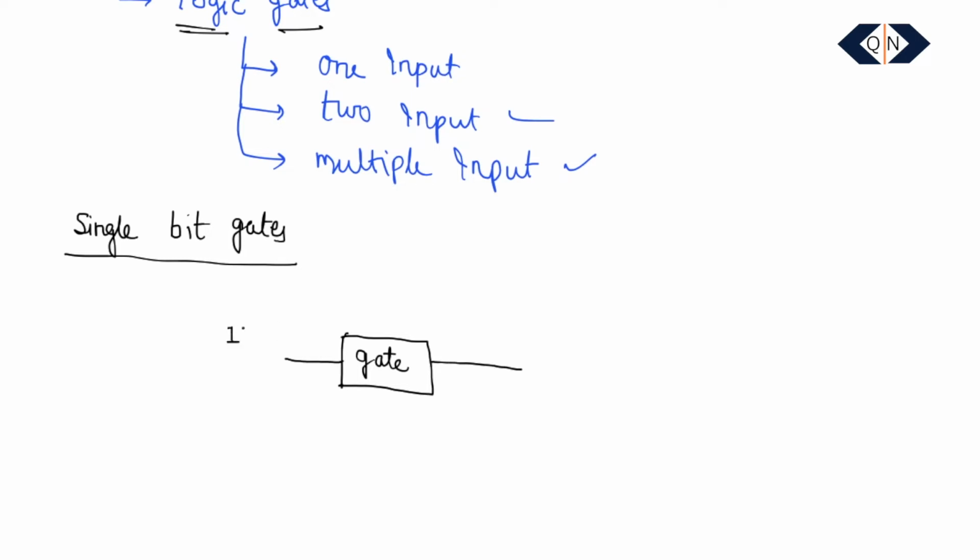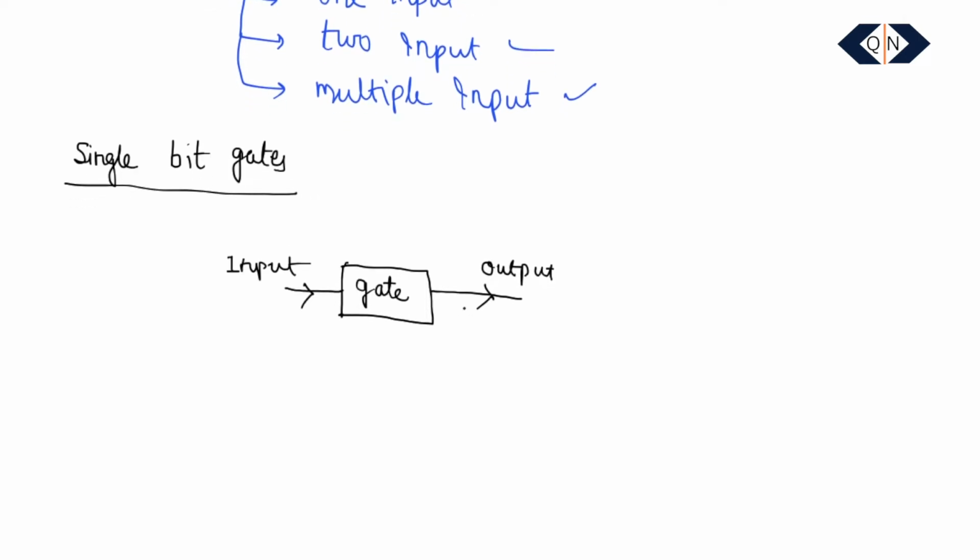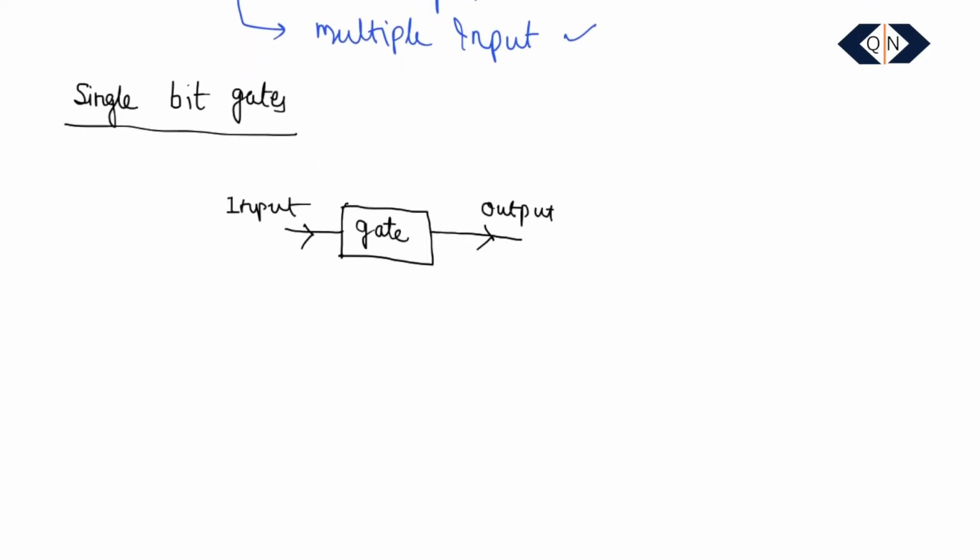This is input. This is output. We feed our bit information from here and we get the manipulated bit from the output section. Keep in mind that we always move from left to right.